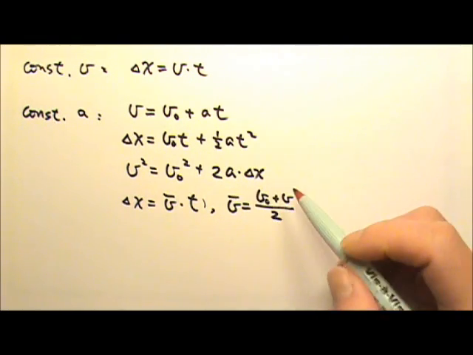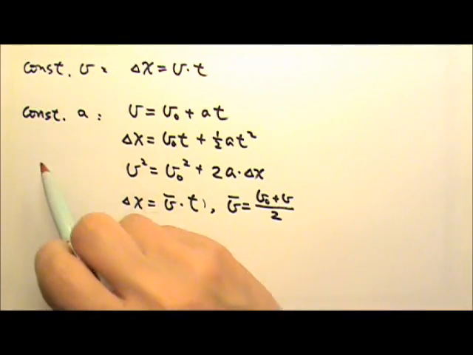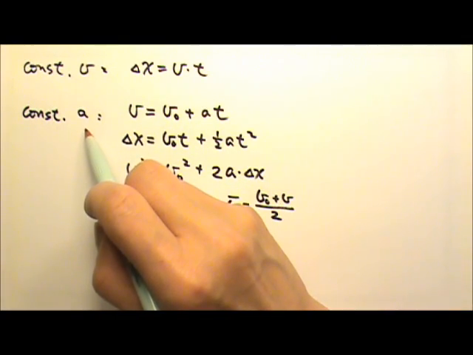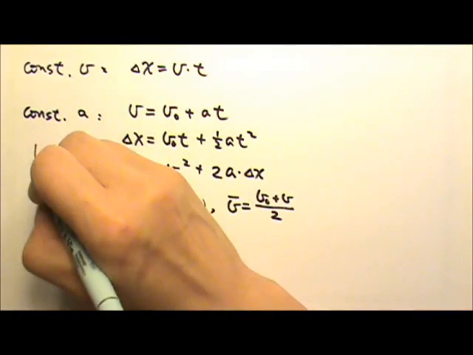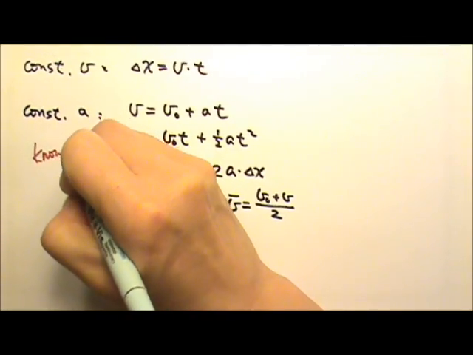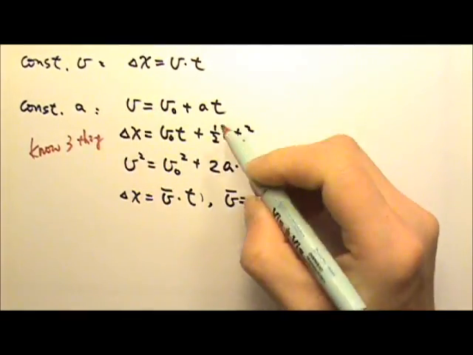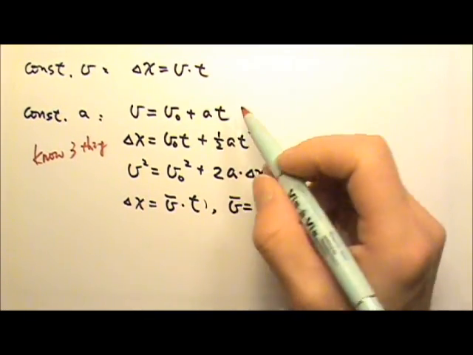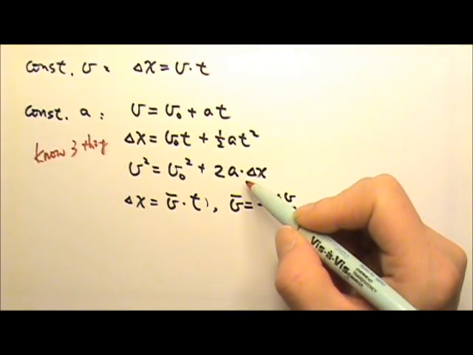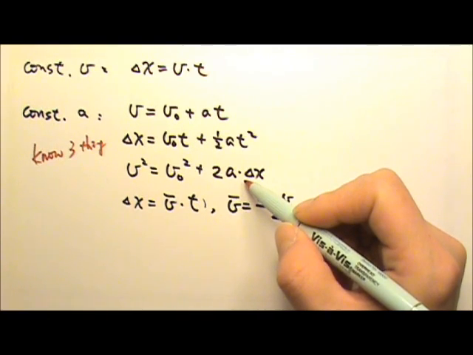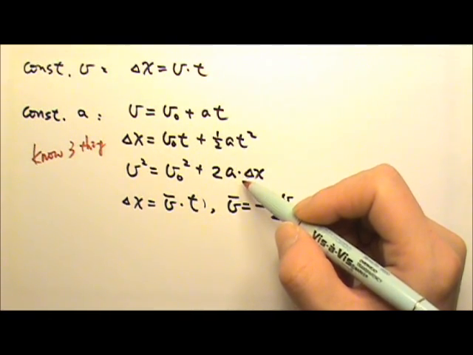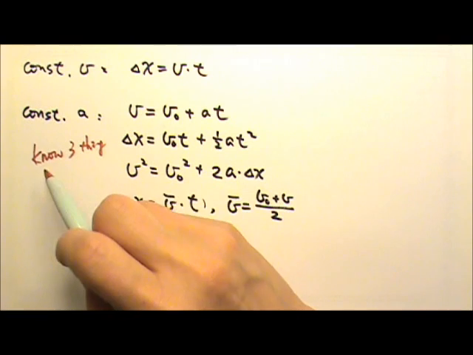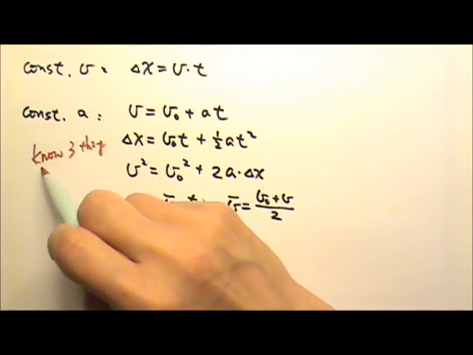Which means in order for us to be able to solve a constant acceleration motion problem, we need to know at least 3 things. If we know 3 things, we find one equation and plug in the 3 things, we'll be able to find the 4th one. And then we get another equation, we plug in what we know, and then we'll be able to find the 5th quantity. So for constant acceleration motion, if we can just list 3 things we know, we'll be able to solve that problem.